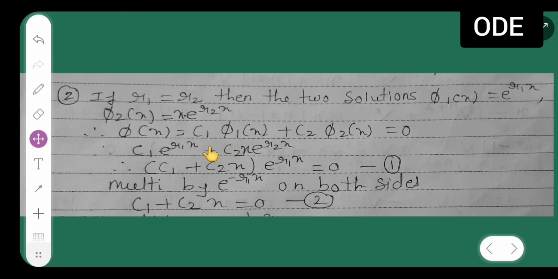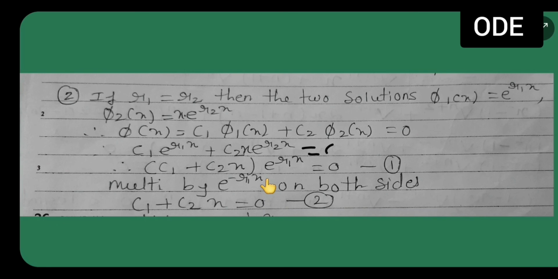Now c1, write it as it is. What is my phi 1 of x? e raised to power of r1 x. Plus c2, write as it is. Then what is my phi 2 of x? x into e raised to power of r2 x is equal to 0.